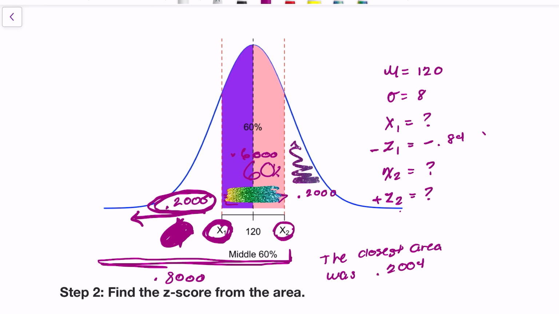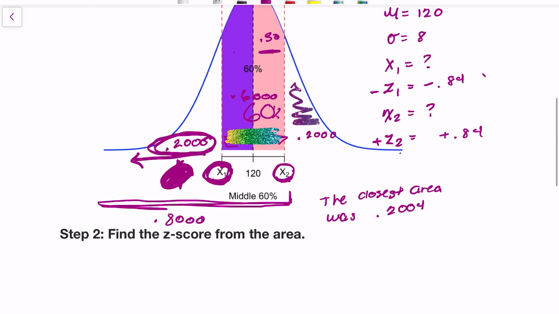So this value here is the same as here, but it's going to be positive. So this would be a positive 0.84. Another way of looking at this is, you know, there's 0.30 here and 0.30 here. So you know it is symmetrical as well from looking at that picture.